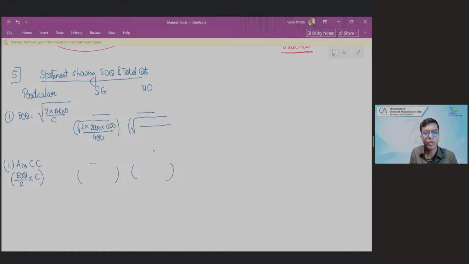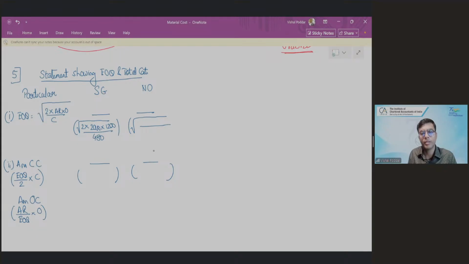They have also asked you to calculate annual ordering cost. Show the formula AR upon EOQ into O. Again, in the bracket here, show the workings and write the final answer.